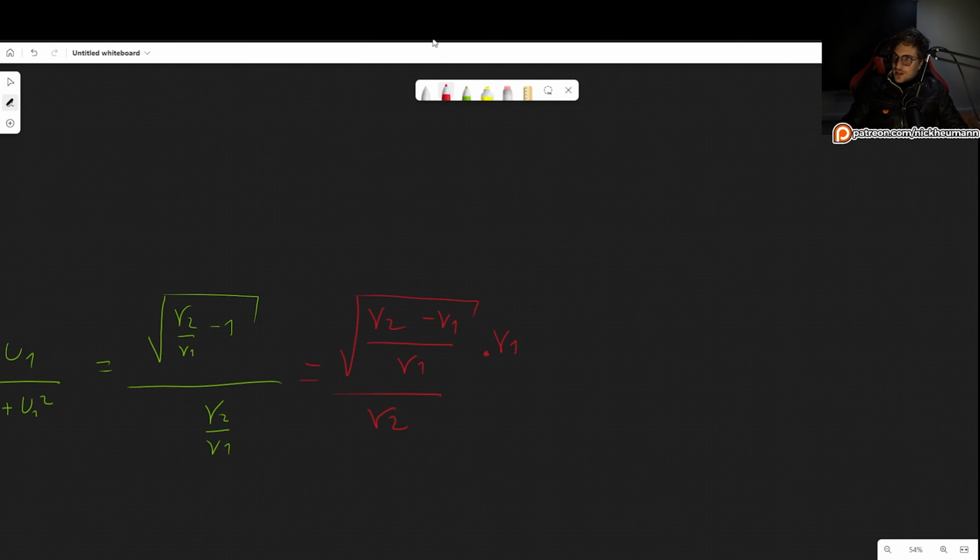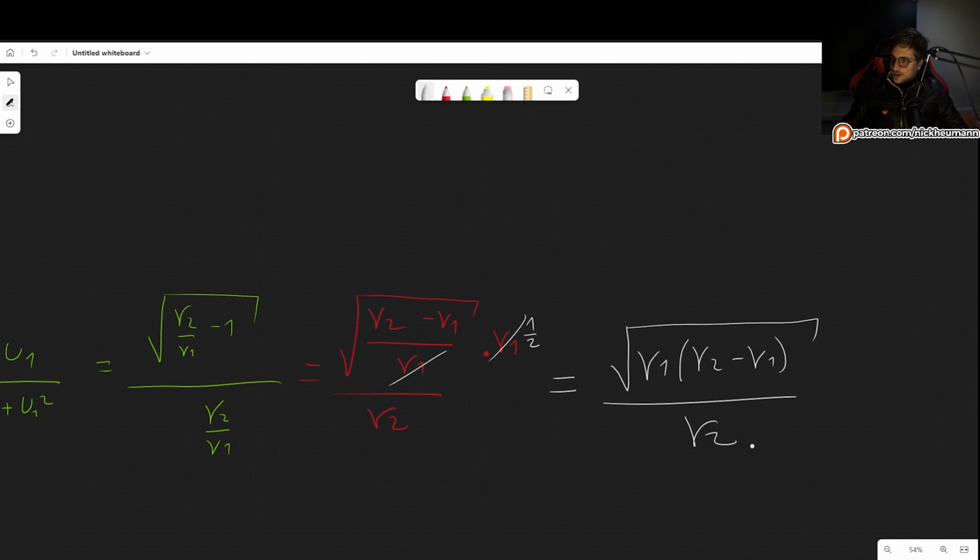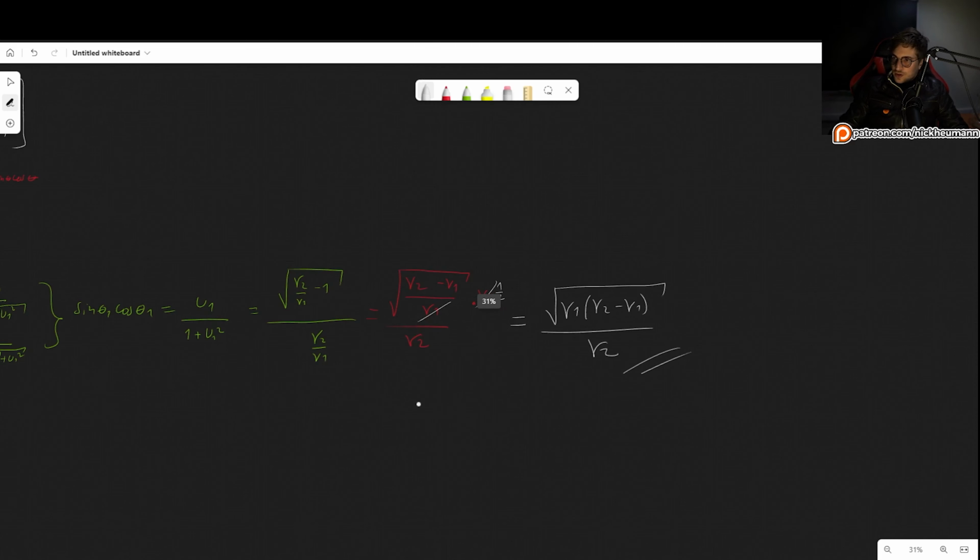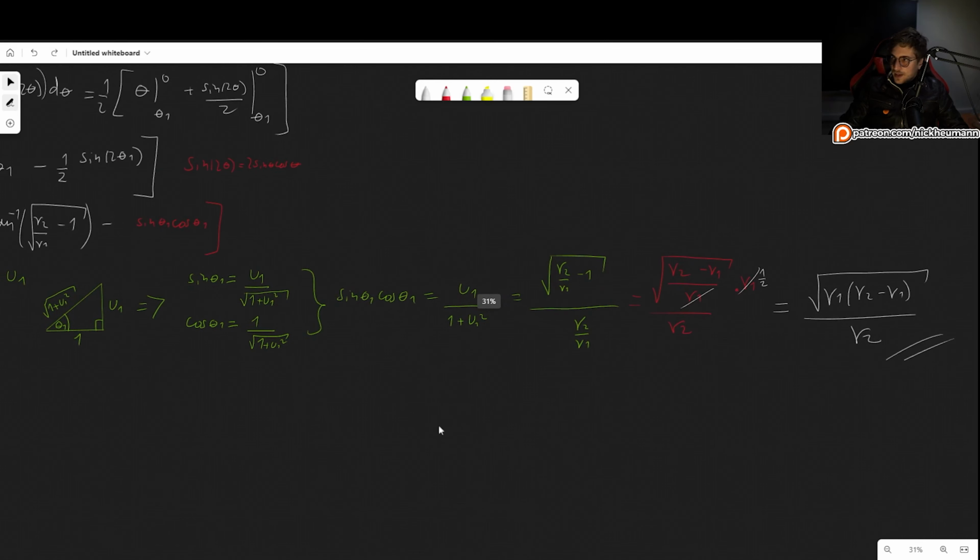So of course the r1s here will partially cancel each other out, and we get the square root of r1, right? Because this r1 now becomes r1 to the 1/2. So we get the square root of r1, which is this one, just to make it very clear. Then the square root of r2 minus r1 divided by r2. So that is the product of sine and cosine here.